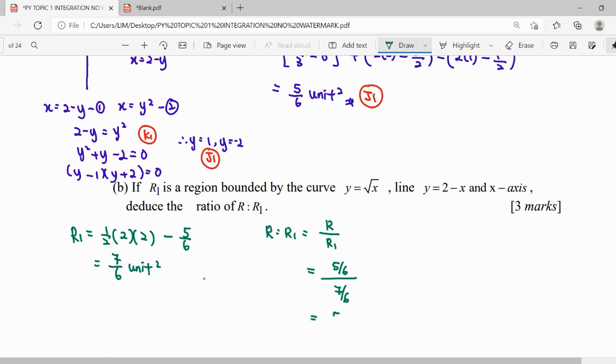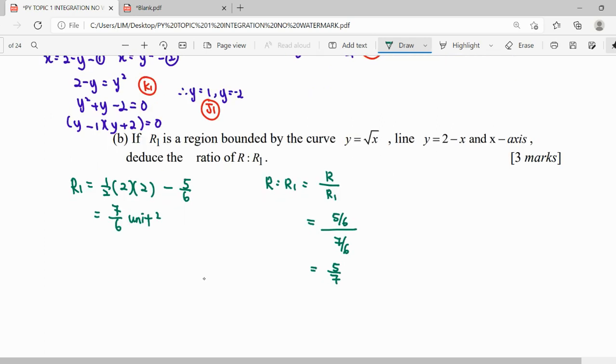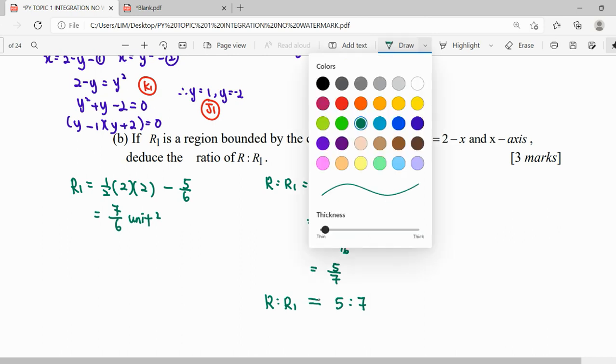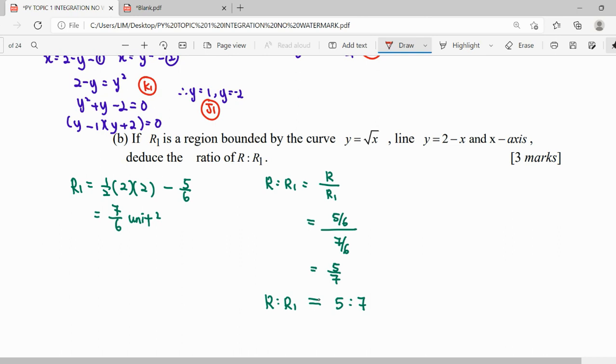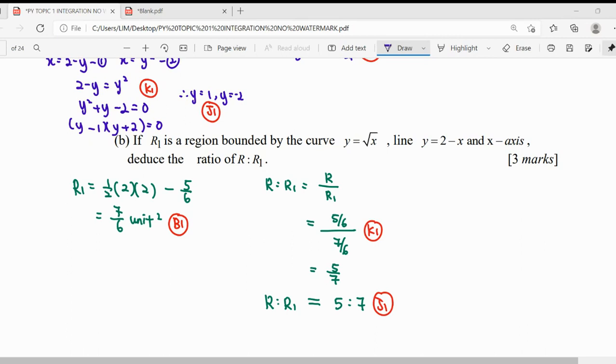So you get 5 over 7, which means the ratio of R to R1 is 5 to 7. The ratio sign is 2 dots, and the equal sign is longer, so this is 2 lines. This is how we get our 3 marks. The first mark comes from finding our region R1. The second mark comes from doing the ratio and writing it in ratio form. So that will be our part B.